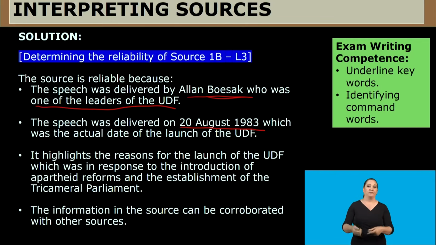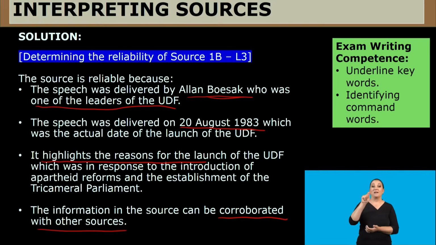It highlights the reasons for the launch of the UDF, which was in response to the introduction of the apartheid reforms and the establishment of the tricameral parliament. So I'm going to underline, highlights the reasons for the launch. That makes it reliable because it highlights the reasons for the launch of the UDF. The information in the source can be corroborated with other sources. So that obviously comes from having read the entire paper to see what the other sources say.